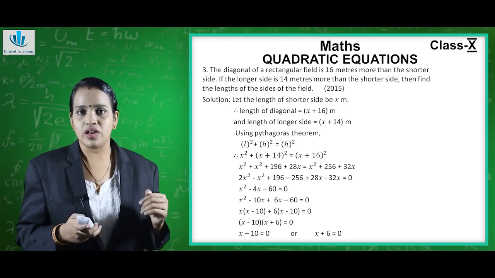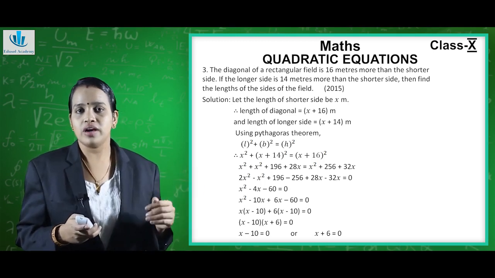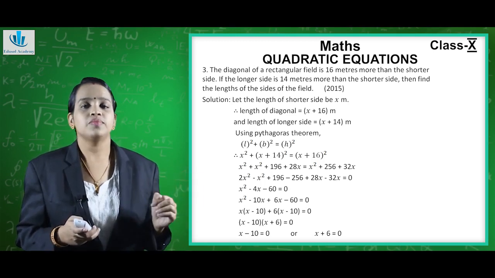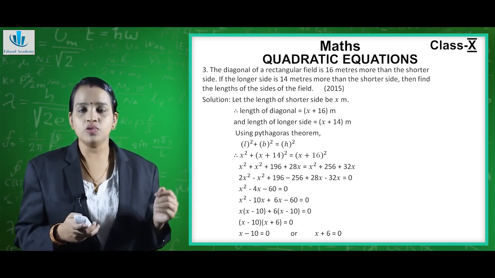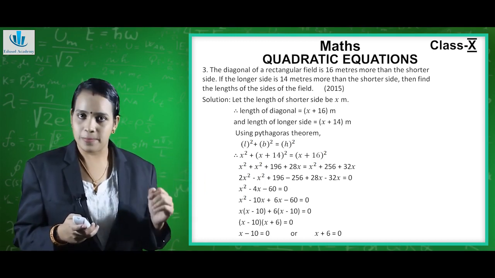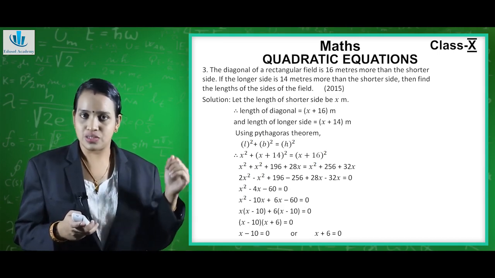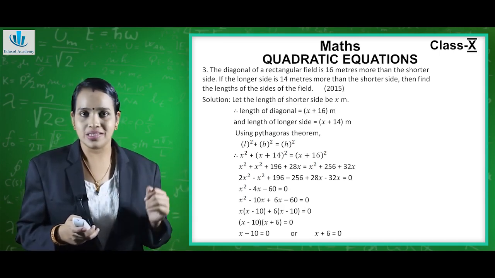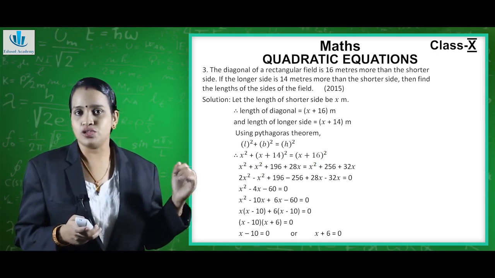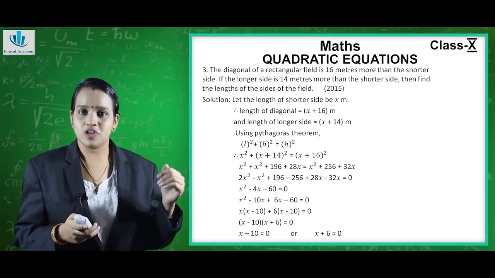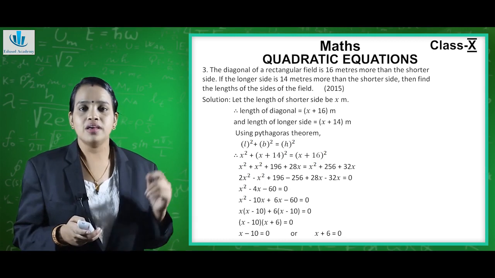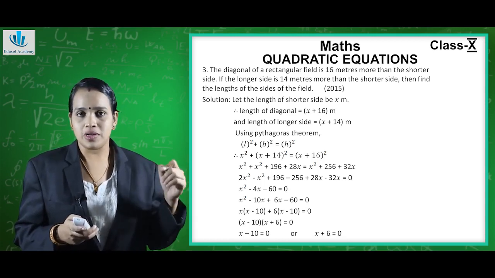Now we can put the values of length, breadth and height over here. Height is nothing but our diagonal. So L is x, raised to 2, plus b, which is x plus 14, raised to 2, equal to h, which is x plus 16, raised to 2. Now we can solve this. So it becomes x raised to 2 plus, here you can apply the formula of a plus b the whole square.